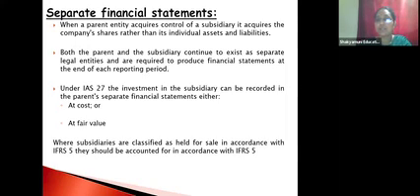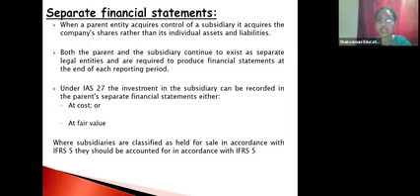At what rate did it purchase? At a rate of $2,000. So where will this $2,000 appear? This $2,000 will appear as non-current investment on the asset side of the balance sheet of parent A in the separate financials. I'm talking about separate financials. I'm not talking about consolidation.